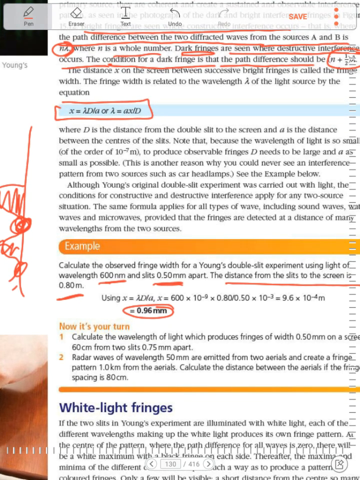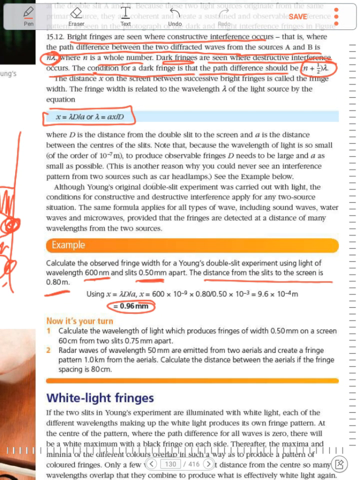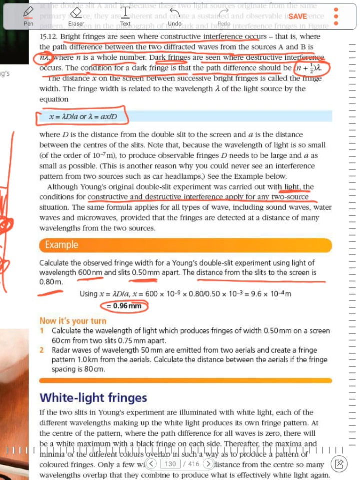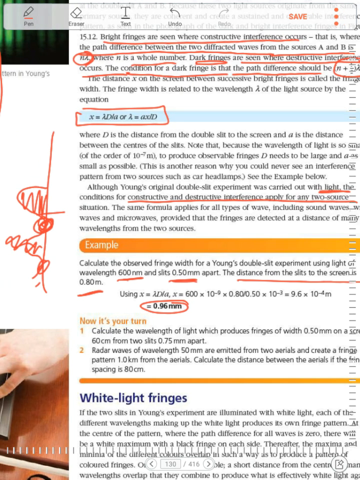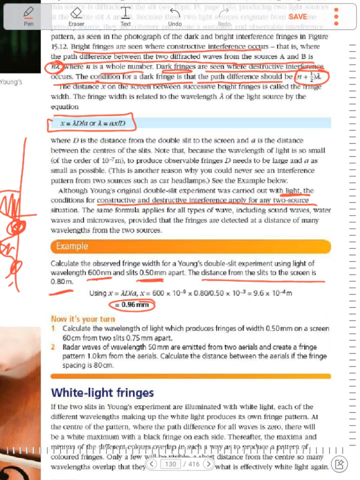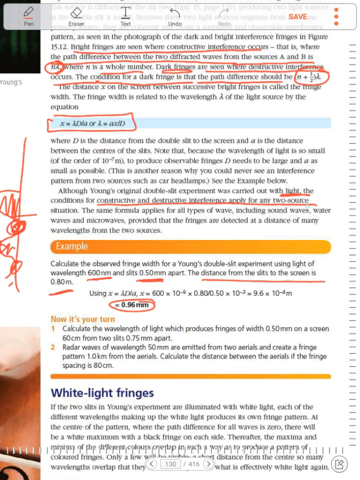Now, although Young's original double slit experiment was carried out with light, the conditions of constructive and destructive interference apply for any two-source situation. The same formula applies for all types of waves, including sound, water, and microwaves, provided that fringes are detected at a distance of many wavelengths from the two sources.